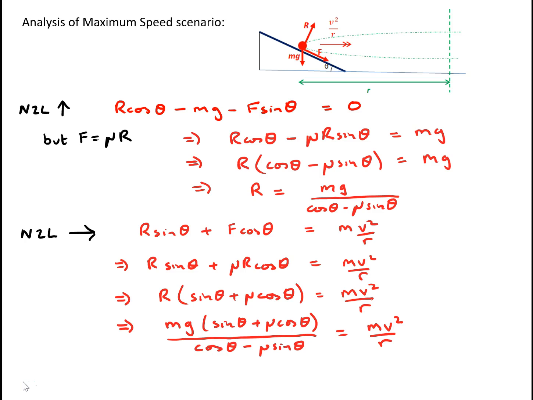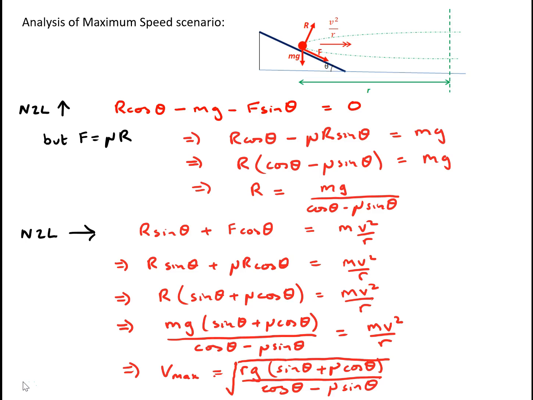In other words, we have v squared equals g times the radius times (sine theta plus mu cos theta), all divided by (cos theta minus mu sine theta), which gives us v max is the square root of rg times (sine theta plus mu cos theta) divided by (cos theta minus mu sine theta). Rather complicated expression, but at least we know what the maximum speed for the car is without it beginning to slip out of the corner.